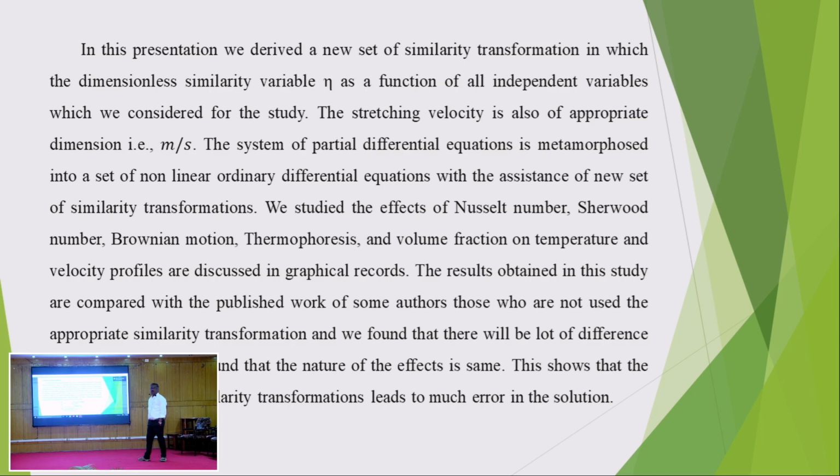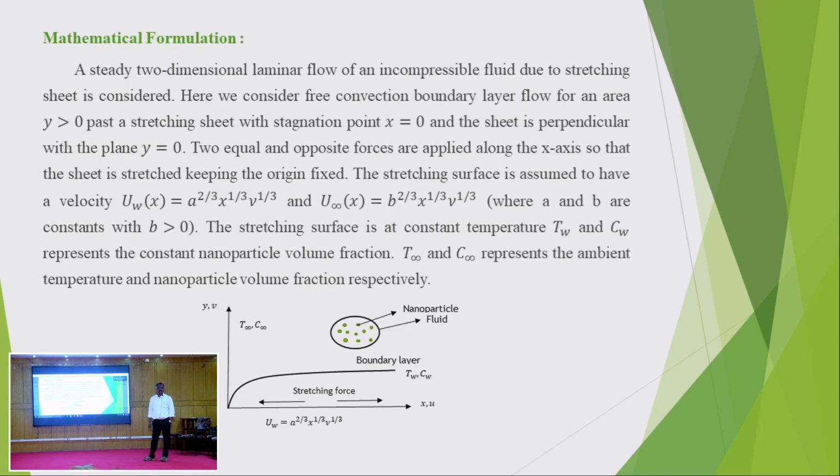So we took one formulation and we derived a new similarity transformation with my students. There our stretching velocity for the nonlinear case becomes Uw equal to like this, and U infinity equal to like this. You can check there, the resultant becomes meter per second.